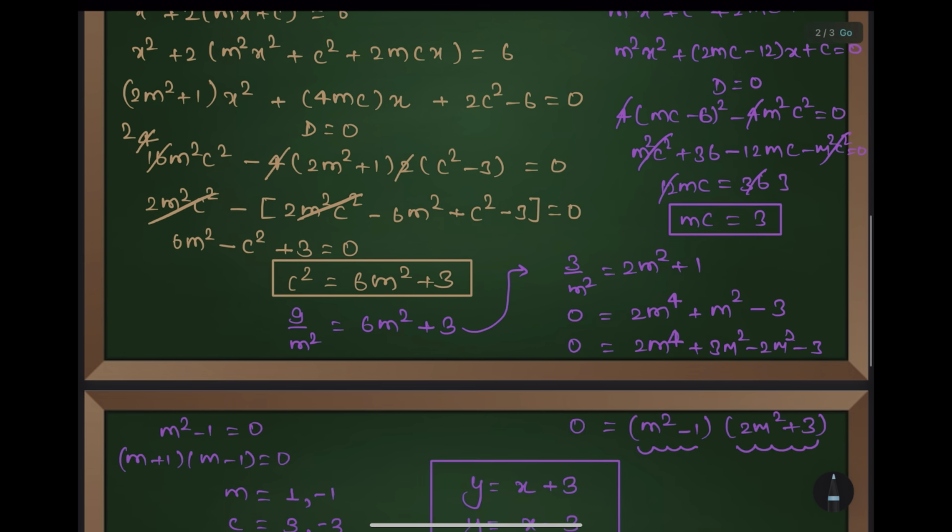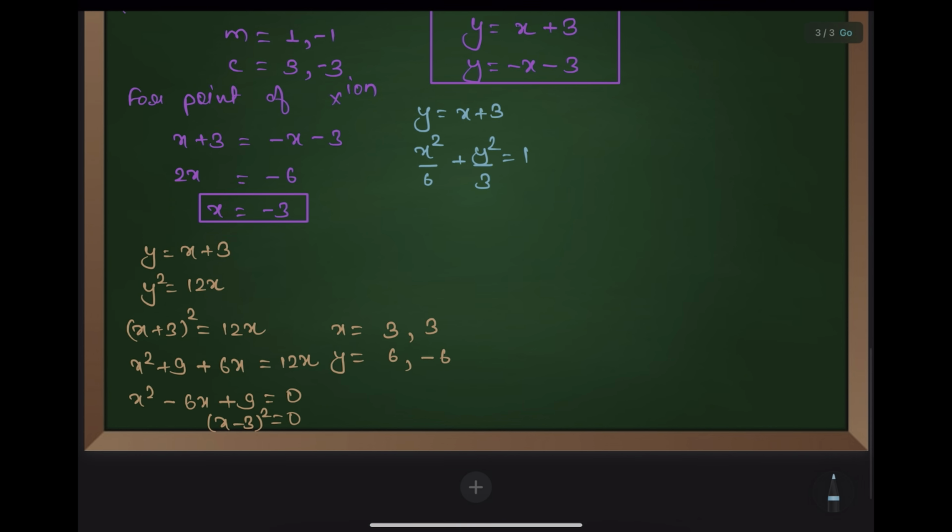So it is x square plus 2, in place of y I'll write x plus 3 whole square, equals 6. So x square plus 2 times a square plus b square plus 2ab equals 6. So 2x square plus x square, so it is 3x square.